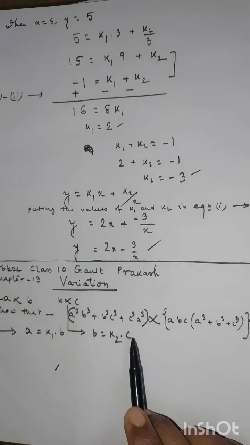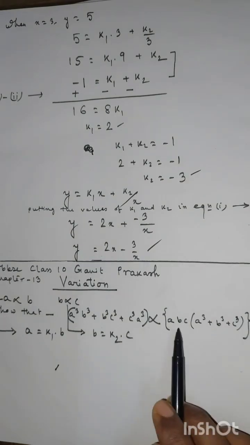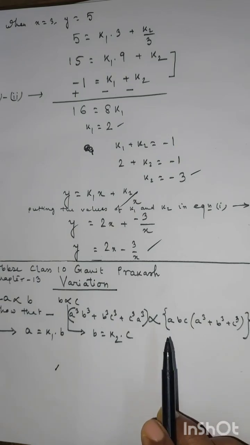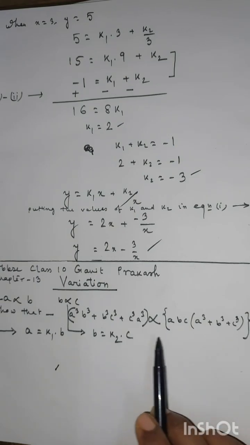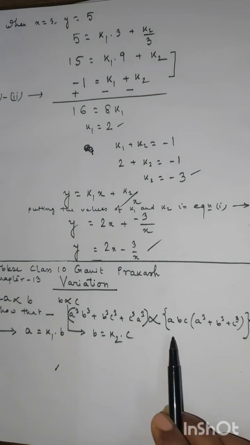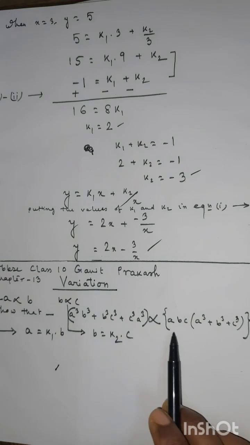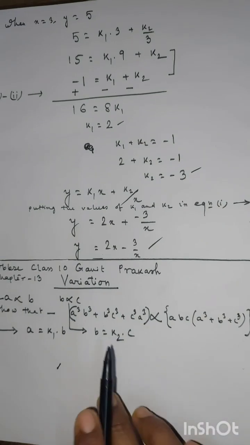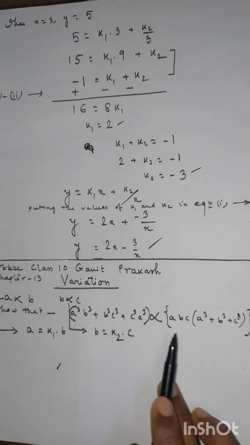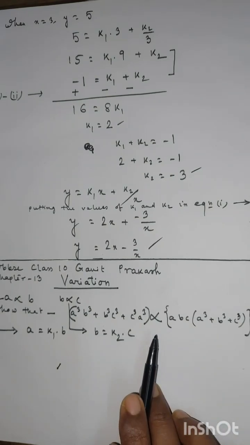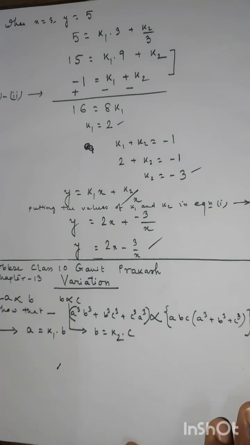We know if the ratio of these two quantities is a constant, then we can say they are directly proportional to each other. Okay, so now we are going to find the ratio of these two quantities and see whether that is a constant or not.